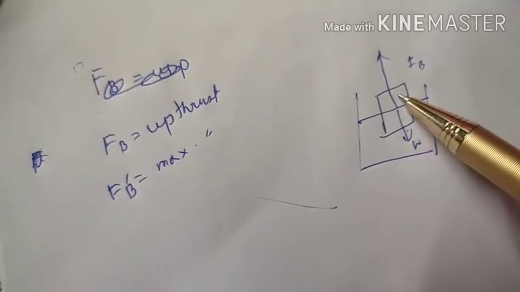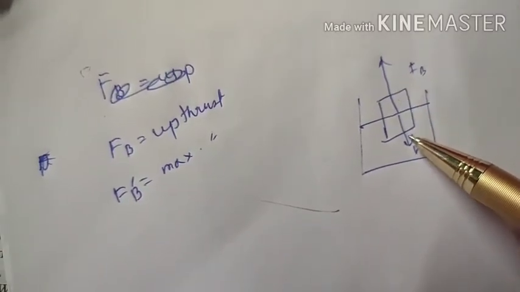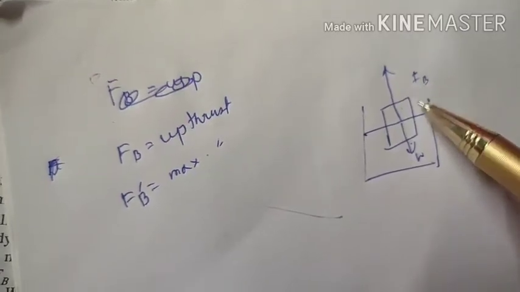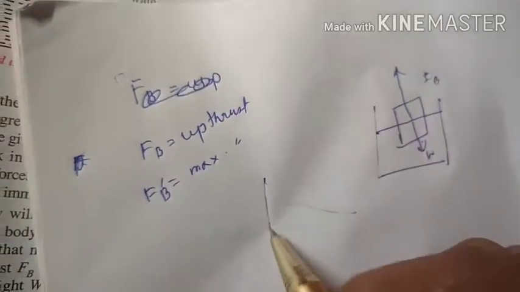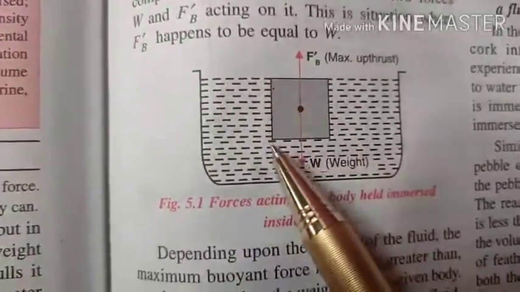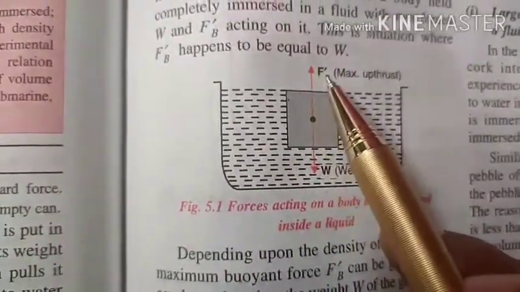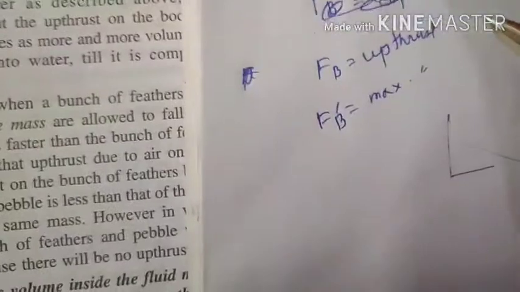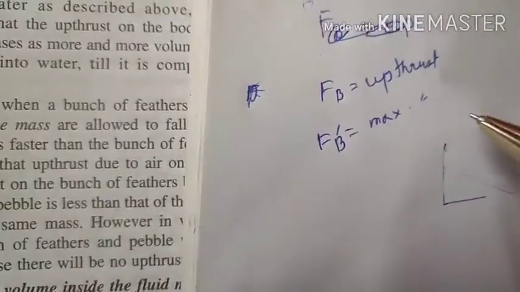As you try to immerse the body downward, the upthrust starts increasing. When the body is completely immersed, the upthrust becomes equal to the maximum upthrust. So that's the difference between FB, which is upthrust, and the maximum upthrust.